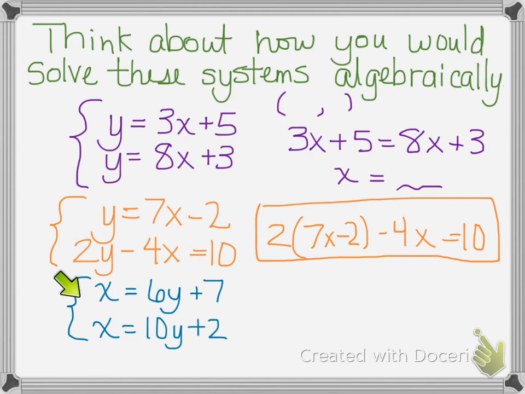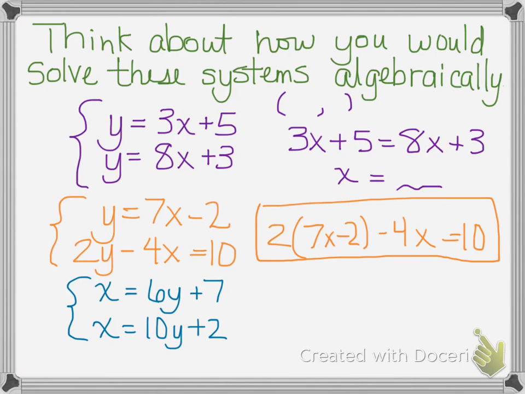Okay, let's look at the third one. So in this one, these are not in slope-intercept form. They're kind of the opposite of that, right? They have x equals some expression, and the second one is x equals some expression. So because that's true, the quickest thing for me to do in this one is to eliminate x.